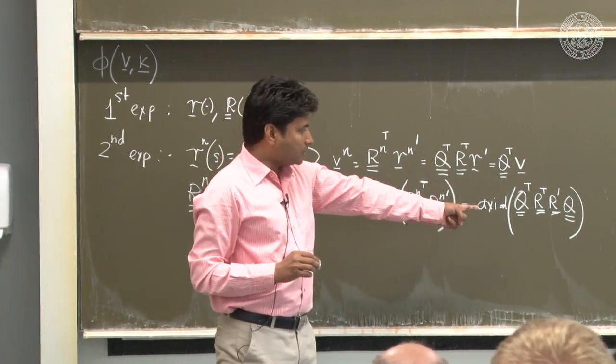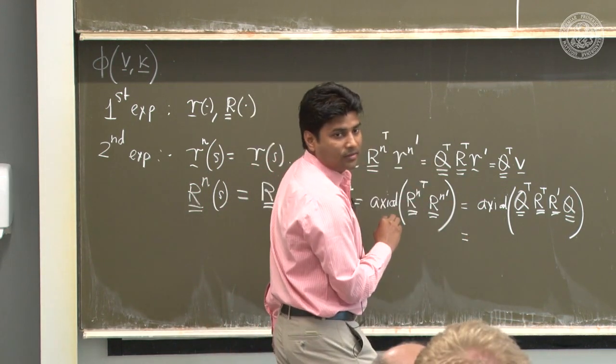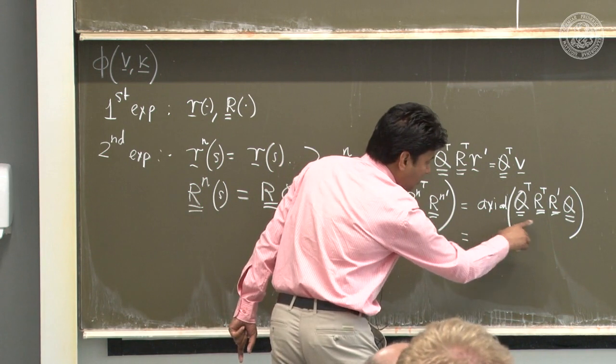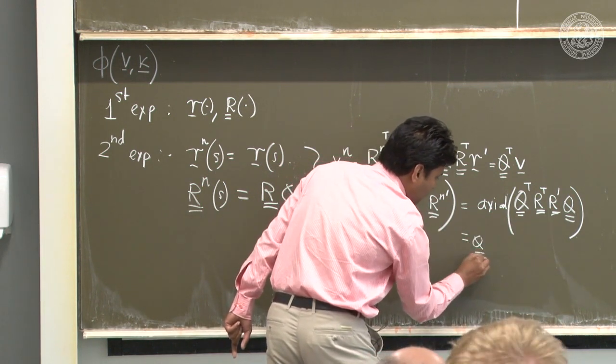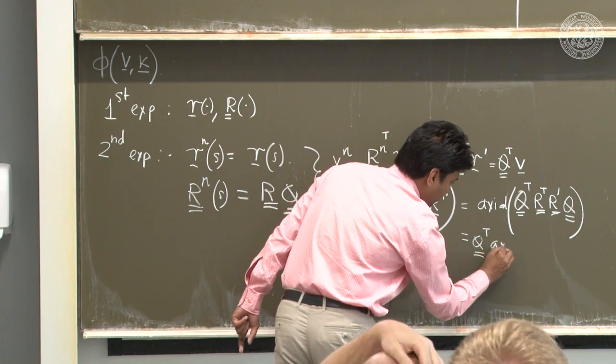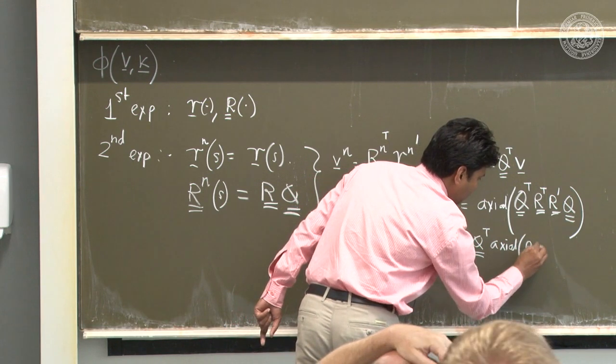And what could you write this as? So axial of this would be the same as Q transpose times axial of big R transpose big R prime.